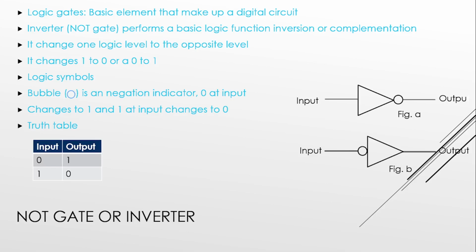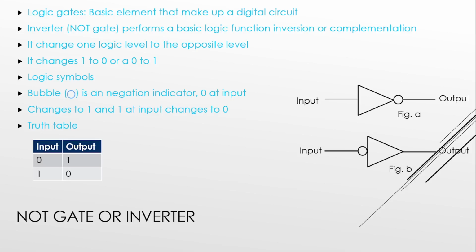It will be either 0 or 1, since it is a single input. When input is 0, what will be the output? It is inverted, that is 1. When input is 1, what will be the output? It is inverted, that is 0. So input is 0, output is not 0, that is 1. Input is 1, output is not 1, that is 0. So the truth table is shown here.